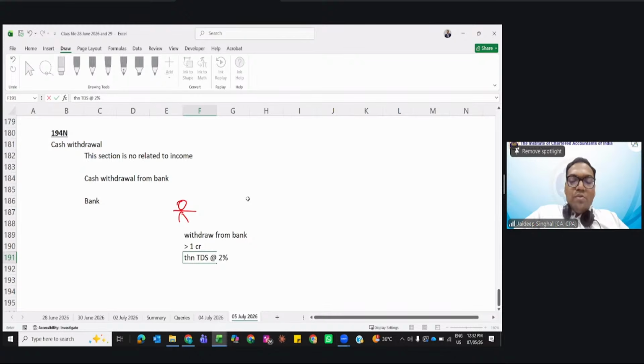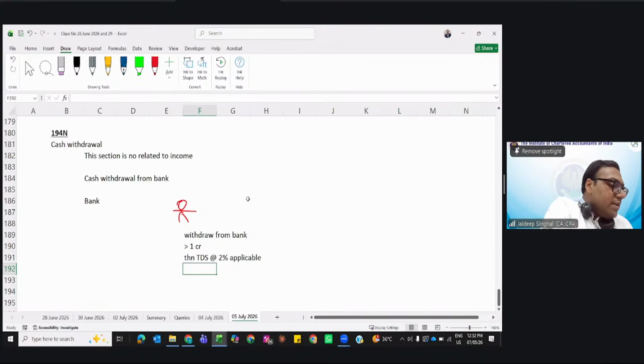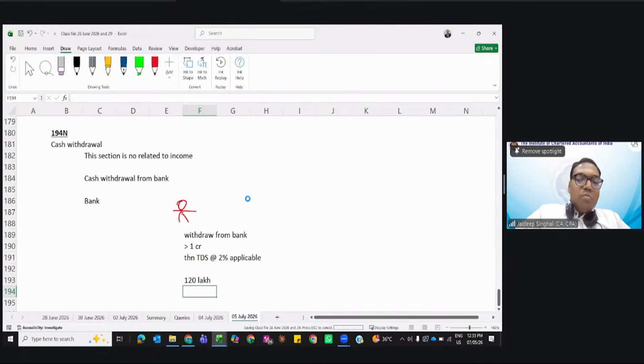Now, I told you two sections where TDS is applicable only on the excess amount. What does it mean? Let's suppose I withdraw from the bank 1 crore 20 lakhs. On how much will TDS be applicable?